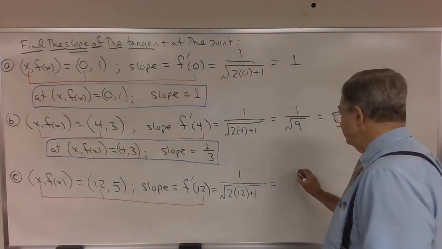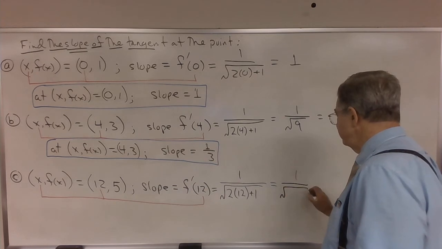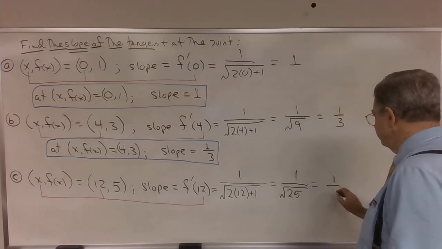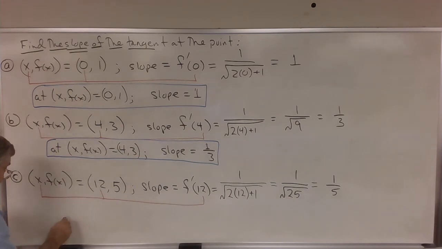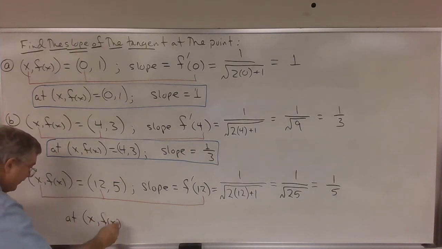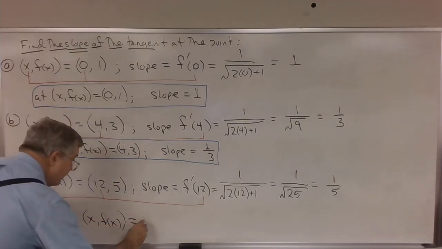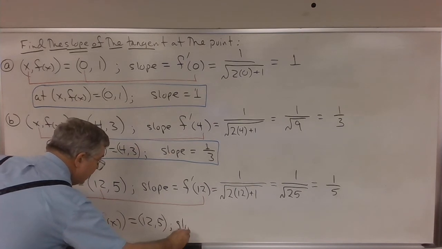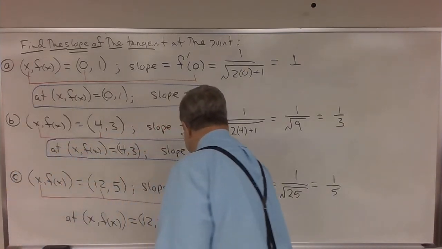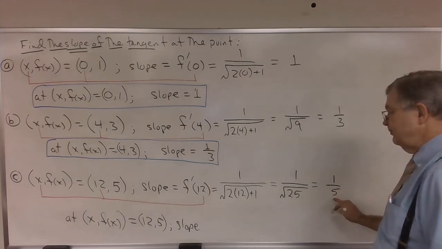Okay, let's see. 1 over square root of 25, I think that's something that even I can do. So, at the point x, f of x equal to 12, 5, the slope is 1/5.